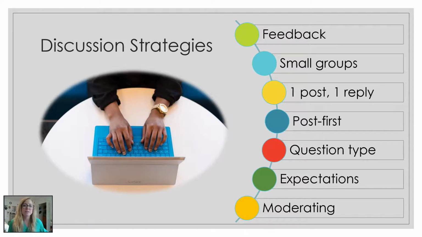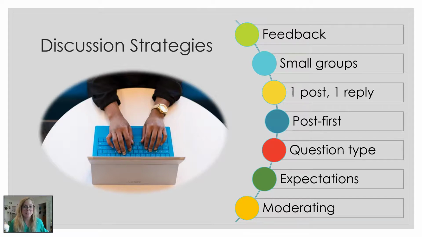So first is giving students feedback. You can set up your discussion boards for very basic feedback options that include upvoting or star voting. It's also important to consider if your TA or team students are going to be responding to posts and giving feedback within the discussion board.